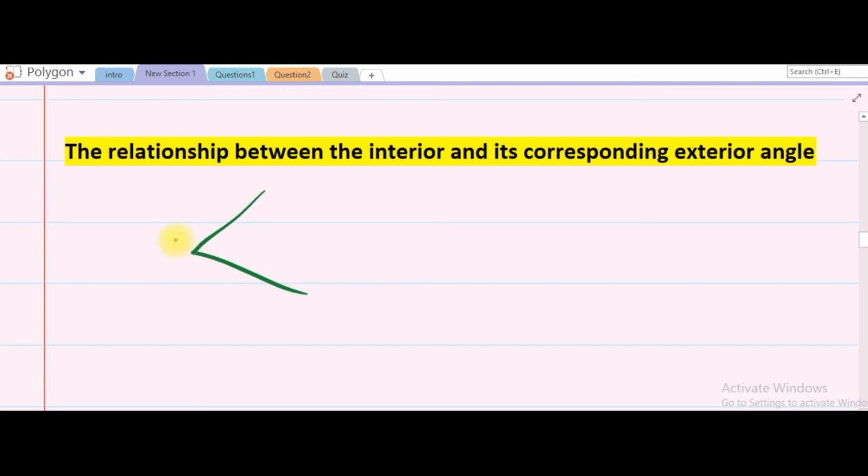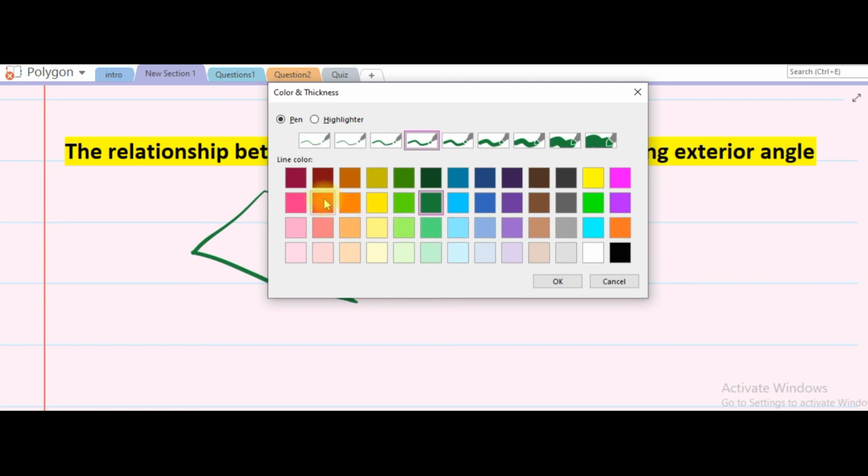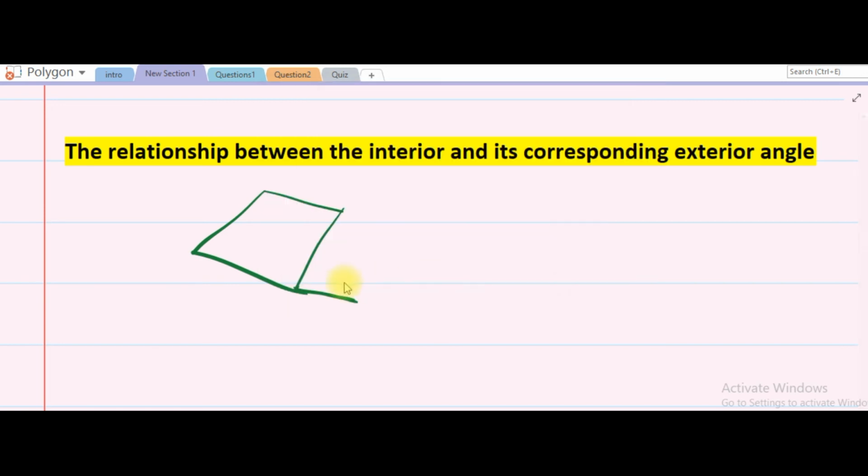Assuming this is one part of a polygon, if I choose to extend one of the sides, we notice that we form a linear pair here. This is the interior angle, while this is the exterior angle. So you notice that interior angle plus exterior angle will always sum to 180.